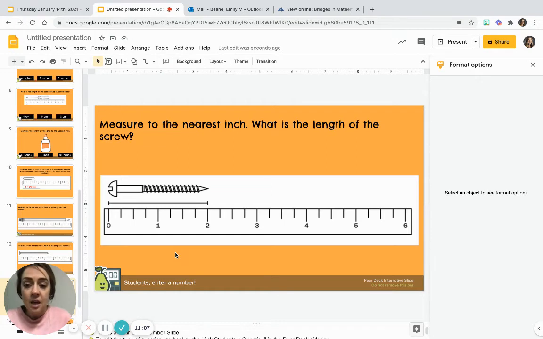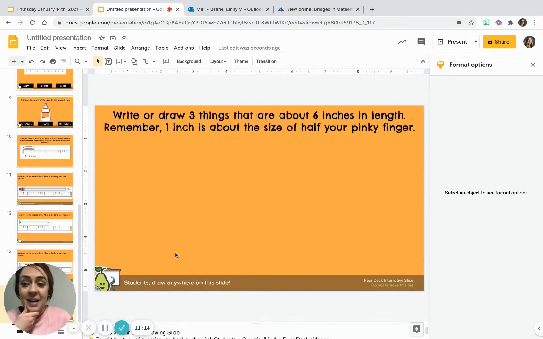Same thing. This is a Pear Deck slide. So you'll go in, look at what the length of this is, and plug it in. All right. So last slide, what I want you to do on the Pear Deck, or if you haven't opened the Pear Deck and you're just following along, I want you to think about 3 things. In your math notebook, I want you to write or draw 3 things that are about 6 inches in length. Remember, I told you that your pinky, or half of your pinky, is about 1 inch.